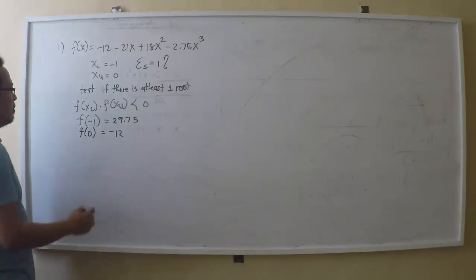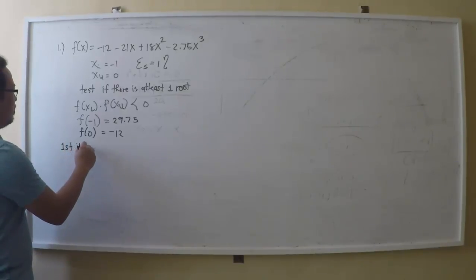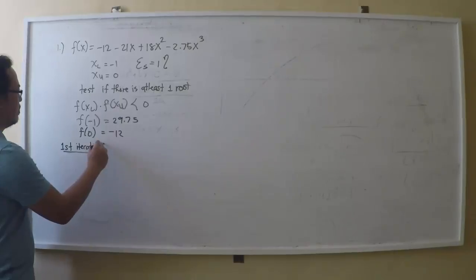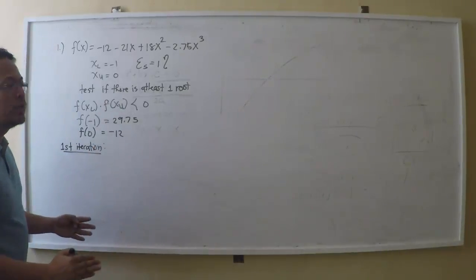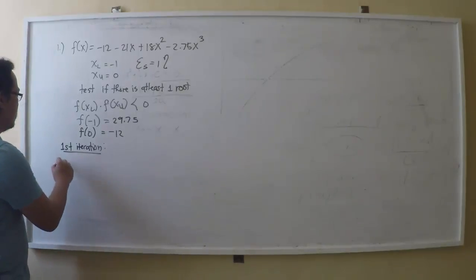Now to proceed, let's go to the first iteration. Our root is at the middle. That is our assumption, our guess.